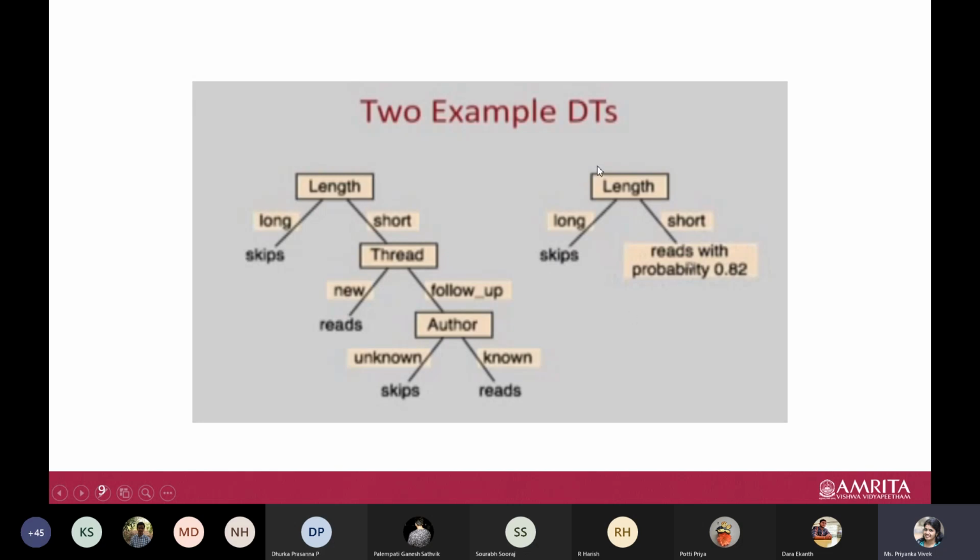We don't want to minutely fit the data and come up with something where every leaf node has instances belonging to the same class. Instead we are trying to generalize and come up with a smaller, shorter tree. When we say short tree, the depth should be less, and also the number of nodes.